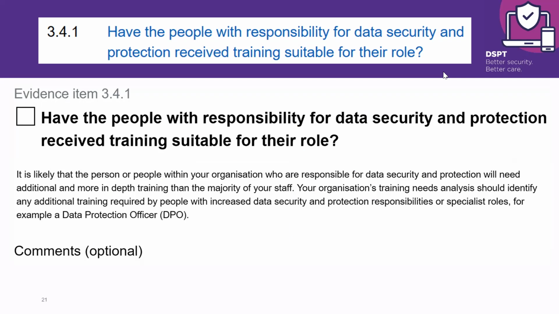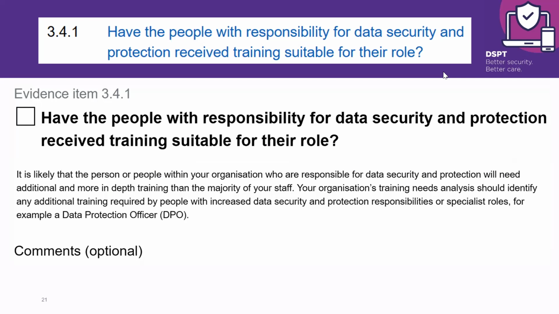Have the people with responsibility for data security and protection received training suitable for their roles? So you can see we're talking about 3 different levels of training. We've got the induction training that applies to all staff joining the organisation. We've then got the annual refresher and update training as part of that.